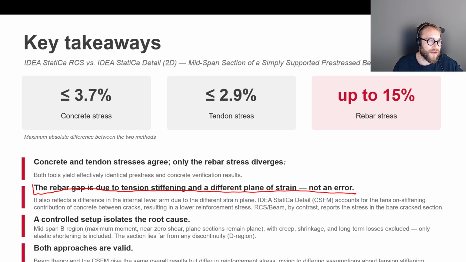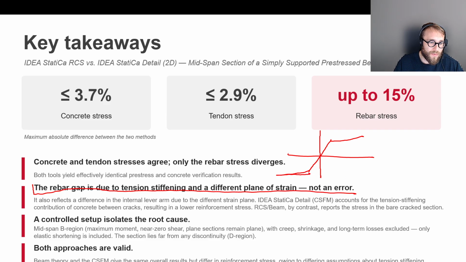Once the tension stiffening is activated, there is a partial contribution of the concrete in tension that is applied on the material model of the reinforcement rebars, and this is the reason why, because for a section in RCS, there is a perfect bond, and the material diagram for reinforcement rebars looks like that.